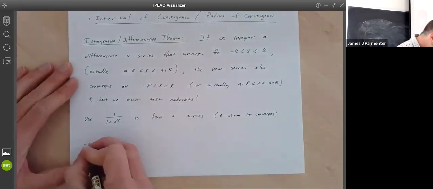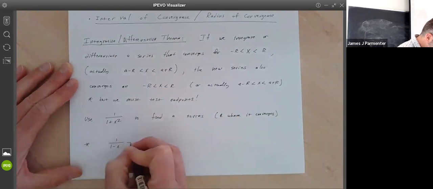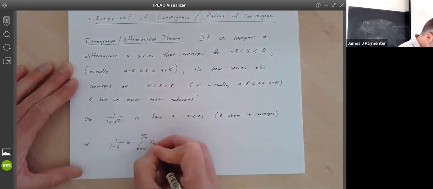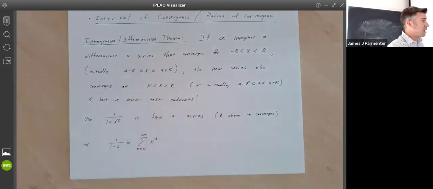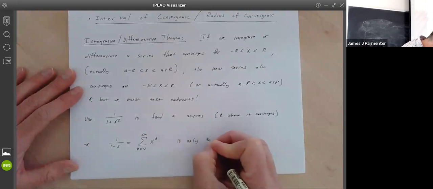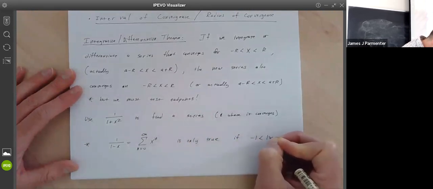Just as a point, it doesn't really make a lot of sense to say 1/(1 minus x) equals the sum from n equals 0 to infinity of x to the n without talking about where that's true, right? That's not always true. That's only true if x is between -1 and 1.